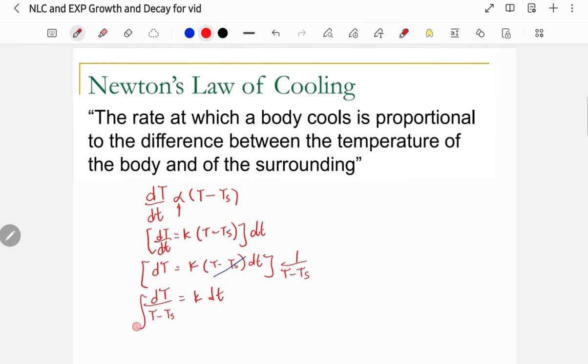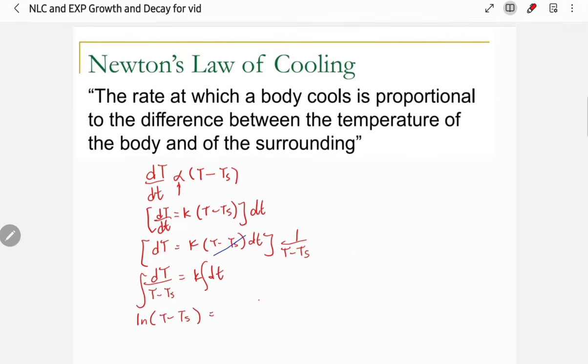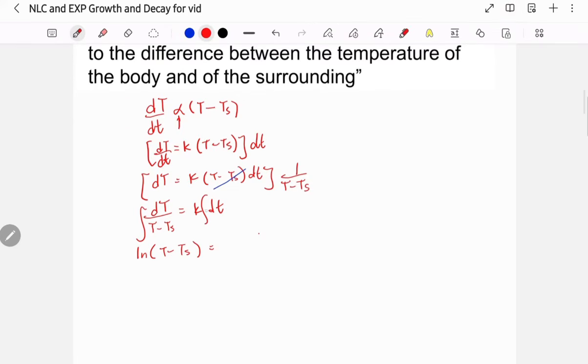Then, we can integrate. The integral of dT over T minus Ts is ln(T minus Ts) equals, we copy the constant k, then the integral of dt is t plus c. To eliminate ln, we will use e on both sides. So, e and ln cancel out, so we only have T minus T sub s.